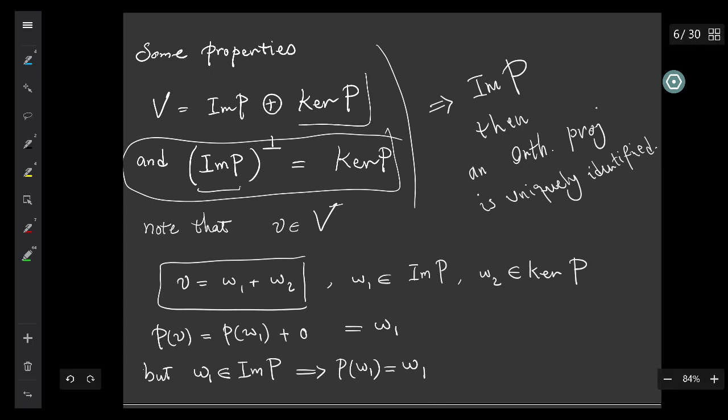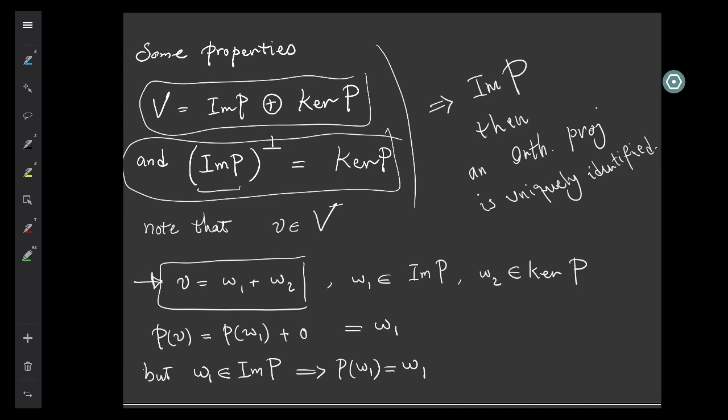And because of this property, we can write the decomposition, and this decomposition is unique. And that decomposition being unique, we can already understand from this decomposition any vector will be mapped to P of v, and that P of v is just equal to W1, which is uniquely found because of this direct sum.